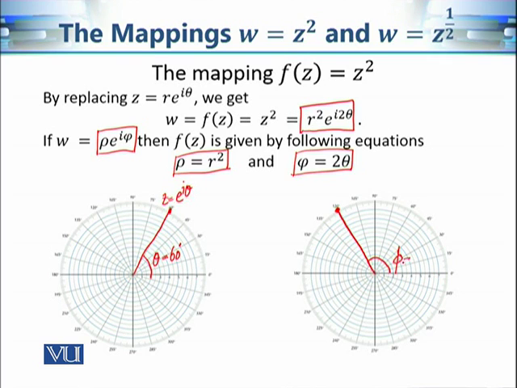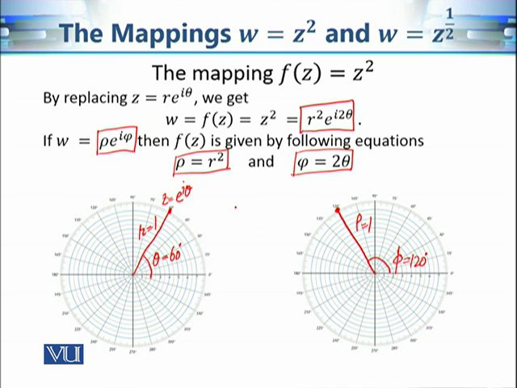So this is phi, which is equal to 120 degrees. And since r is equal to 1 in this case, and r square is 1, that's why rho is also equal to 1. And similarly, we can calculate other examples where we have different values of r.